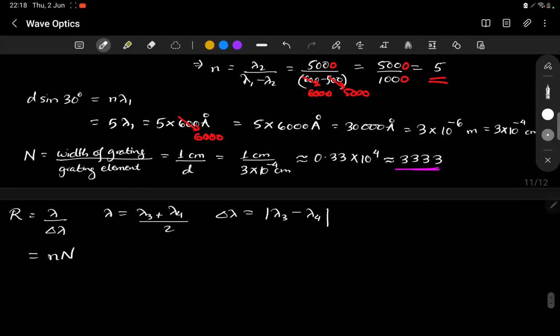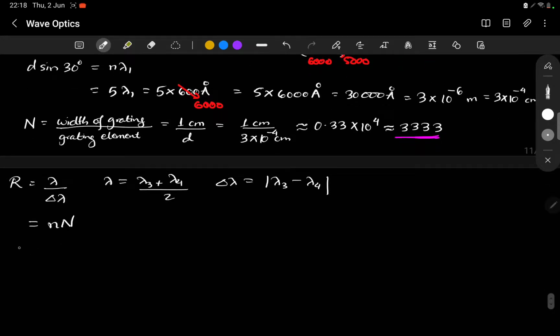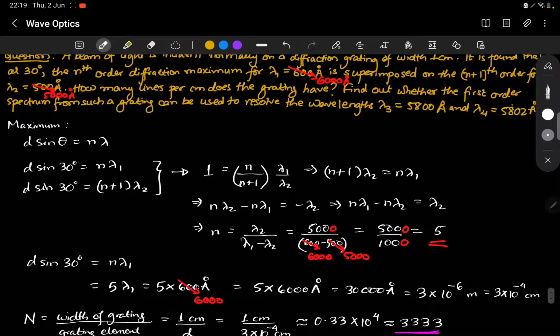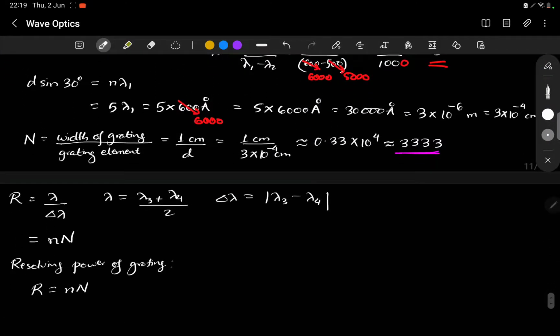So let us find out the resolving power and solve this question. So resolving power of the grating is as follows, and the question asks us whether it is possible to resolve in the first order spectrum. So for first order, n is equal to 1. So this simply reduces to the following, and this N we just found out in the first part is 3333.